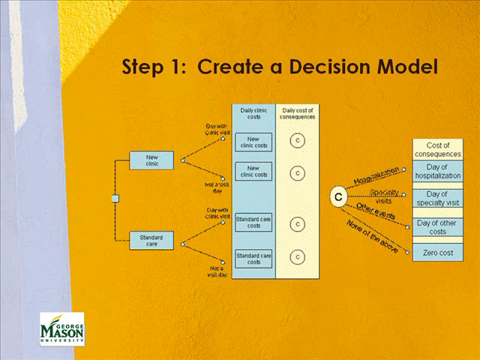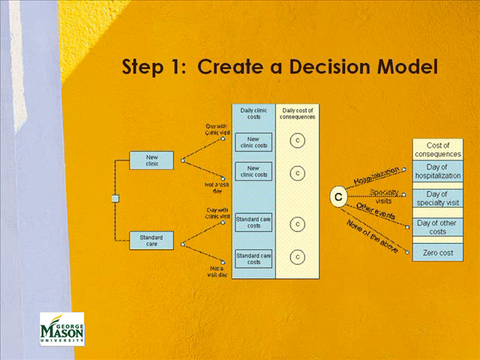One advantage of a decision tree is that it separates the probability of an event from its unit cost. For example, in this figure, the probability of a day of hospitalization is separated from the cost of a day of hospitalization. Unit costs of services are unlikely to change under different alternatives. Therefore, we do not need to estimate these costs for each alternative. For example, while the new clinic is expected to affect the probabilities of hospitalization, it's not expected to affect the unit cost of a day of hospital care.